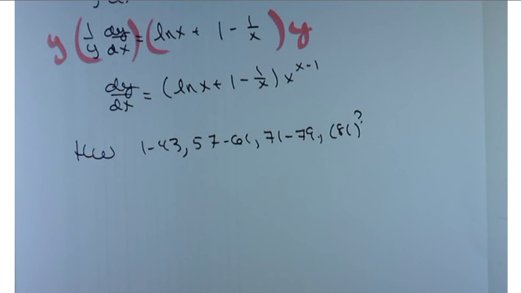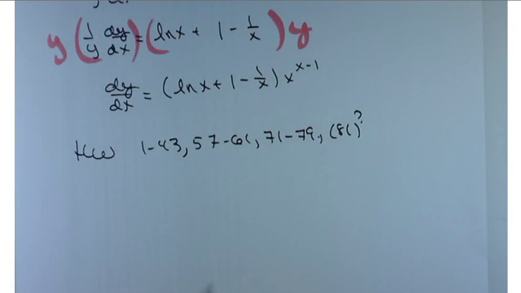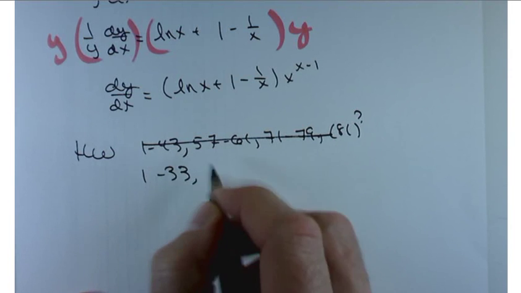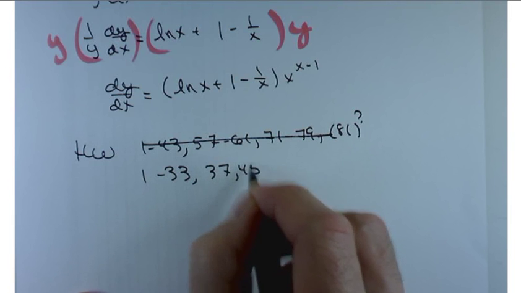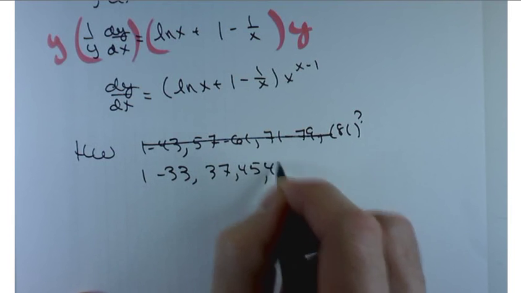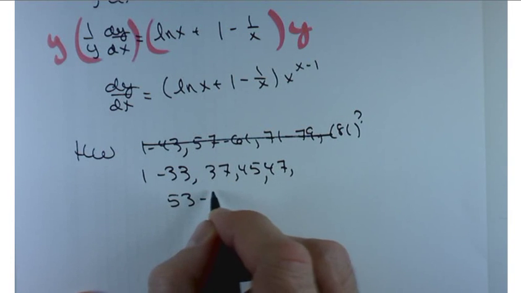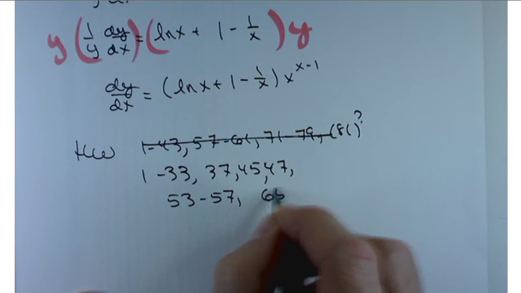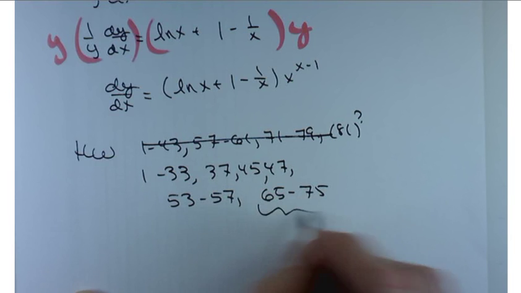Part of this is in error. Let me fix that. All right. Let me make your list even shorter. 1 through 33, 37, 45, 47, 53 through 57, and 65 through 75. So these are logarithmic differentiation.